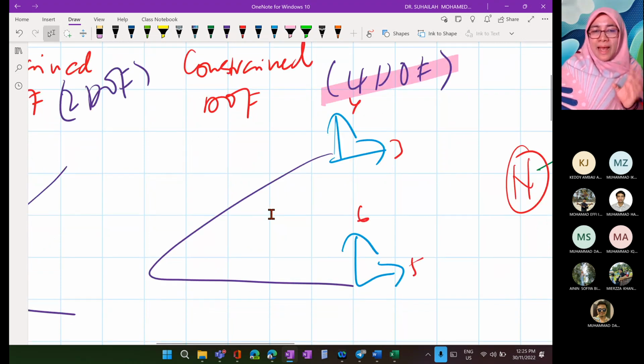What will we label them as? For the constraint system, use the label that you can see right now.